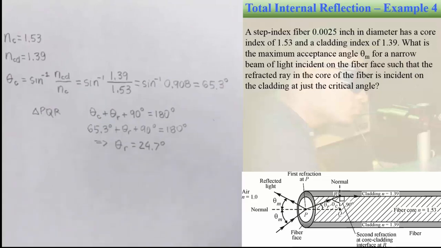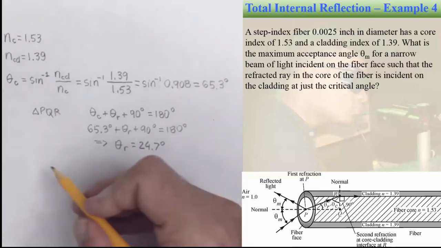So what is that angle theta M? The way we are going to determine angle theta M is we are going to apply Snell's law of refraction at the point P. So we have an incident light ray from the air hitting the point P and then entering the core.